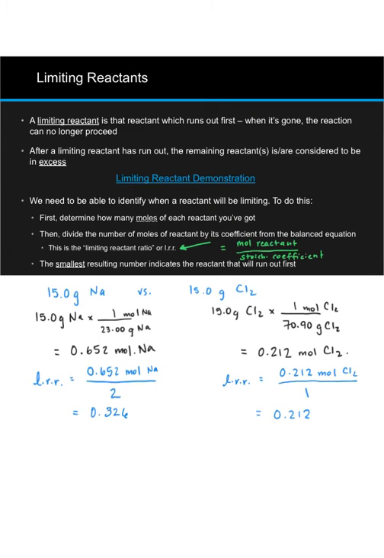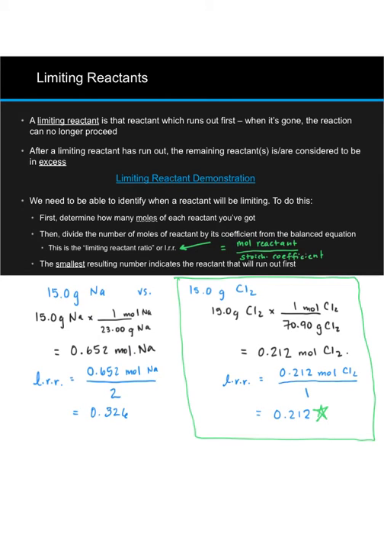The smallest limiting reactant ratio identifies a substance that will run out first. And I'm going to star that substance and keep track of it. When we react 15 grams worth of sodium with 15 grams worth of chlorine, chlorine, because it's present in the smallest relative amount given by the smaller of these two limiting reactant ratios, is going to deplete first.